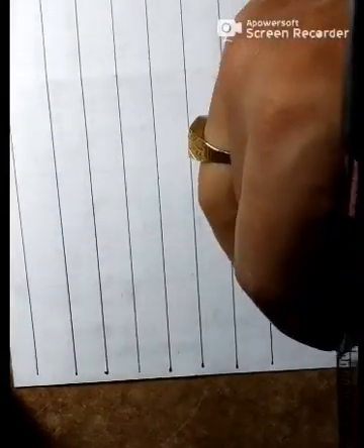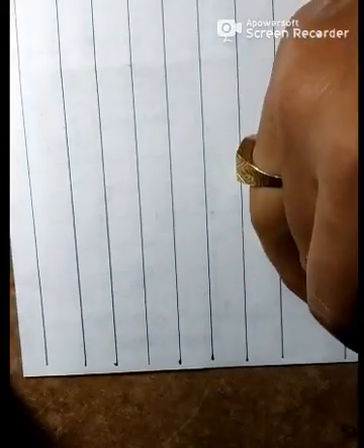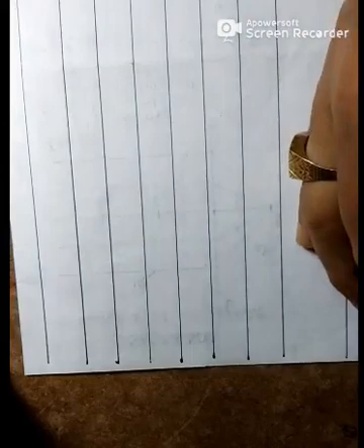And for the concave lens, you have to draw two boxes. So here I am giving the gap for concave: one, two and three.